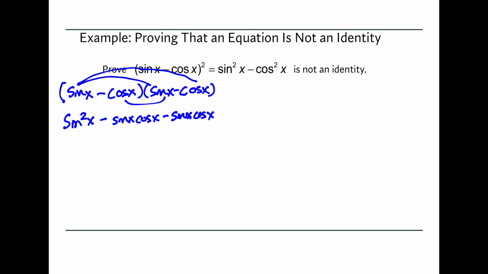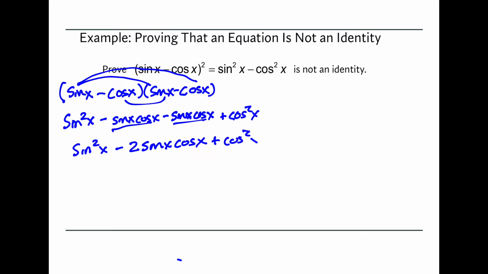And then we have the addition of cosine squared x. And we see these two in the middle are the same, so this gives me sine squared x minus 2 sine x cosine x, and then we have plus cosine squared x.